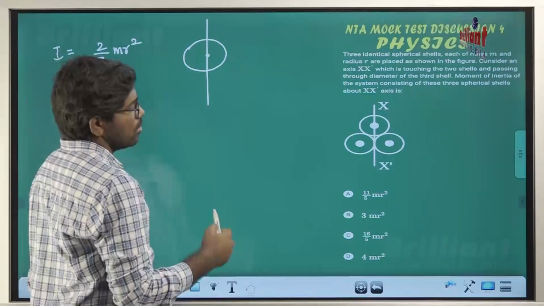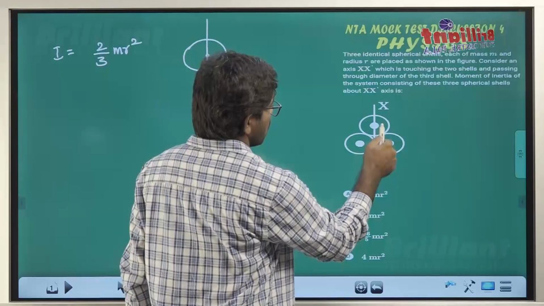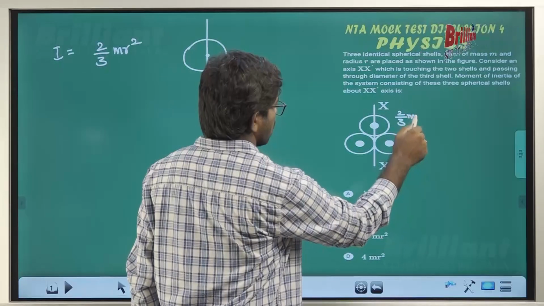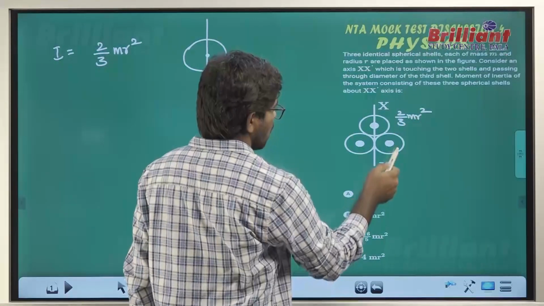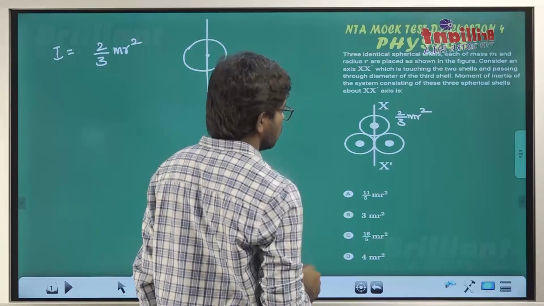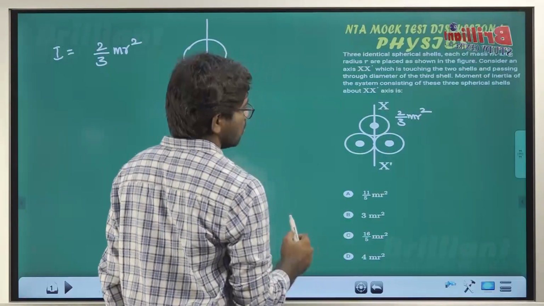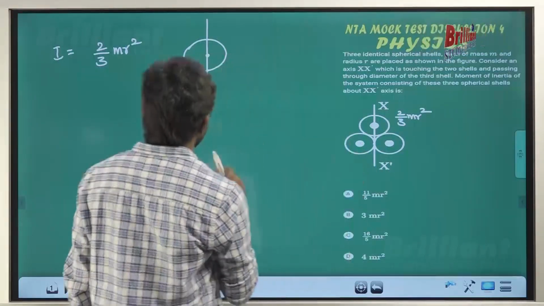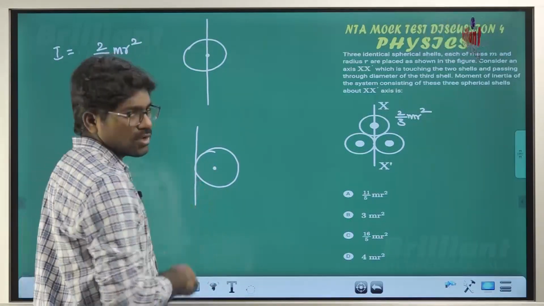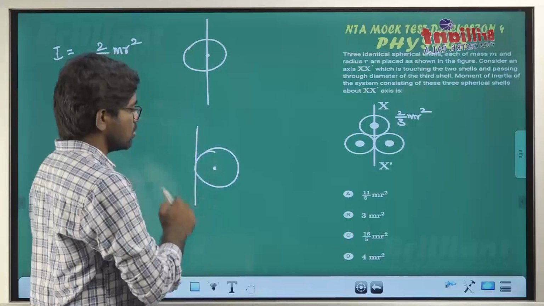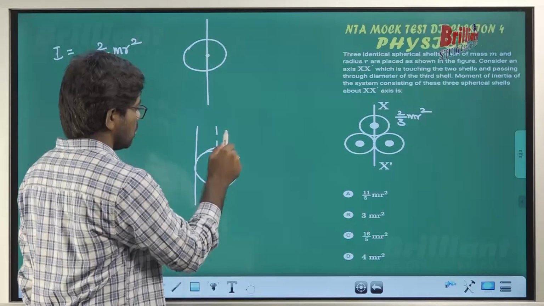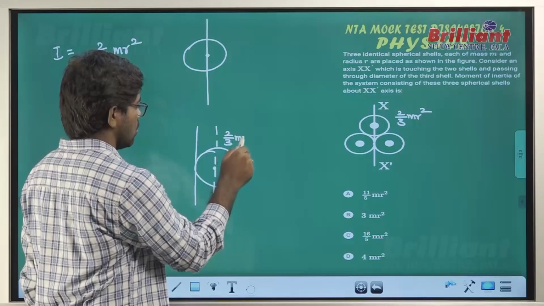Now here you can see moment of inertia of this spherical shell will be 2 by 3 mr square, and moment of inertia of this spherical shell about this axis. About this axis, we can see it is 2 by 3 mr square.